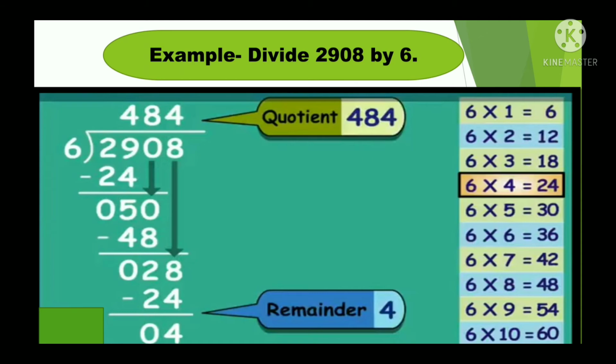So it will become 28, and then we will follow the steps. So we can see 6 4s are 24, which is closest to 28. So after subtraction we get 4 as the remainder, and quotient is 484. I hope you have understood how do we do the division.